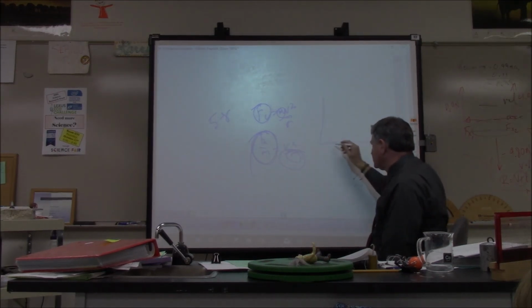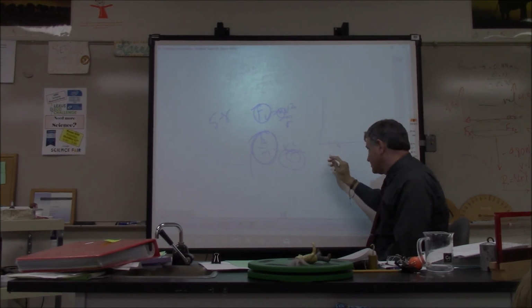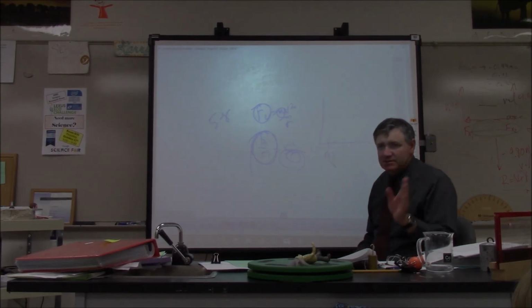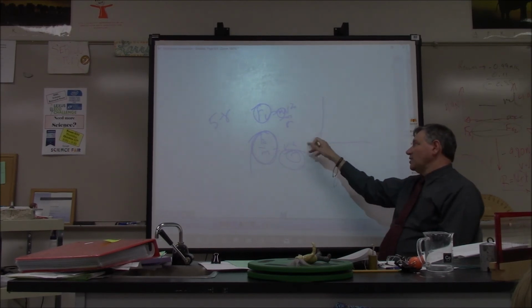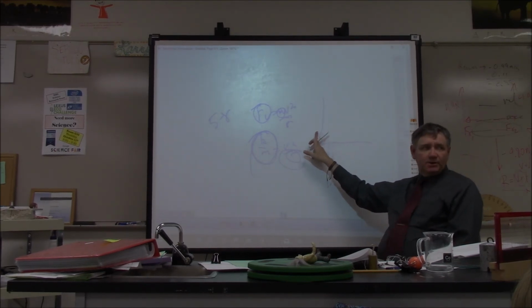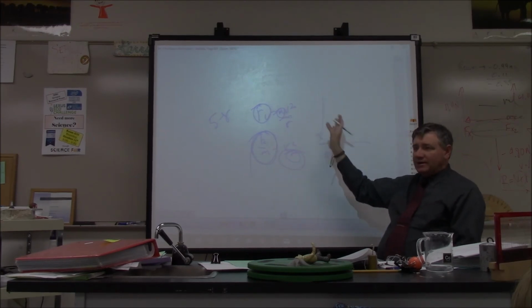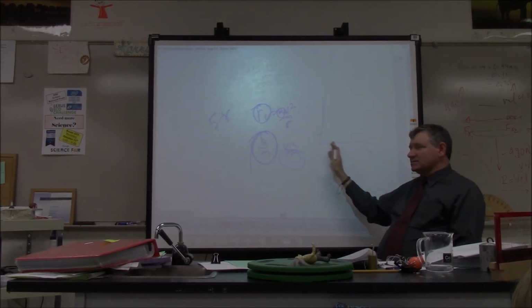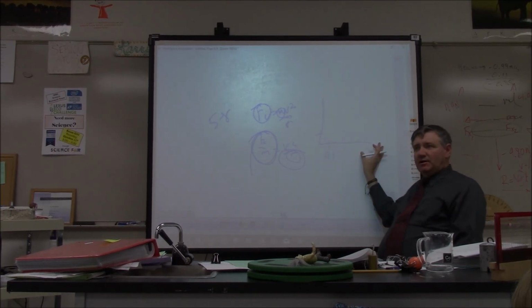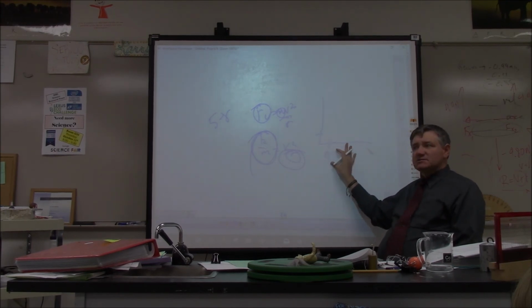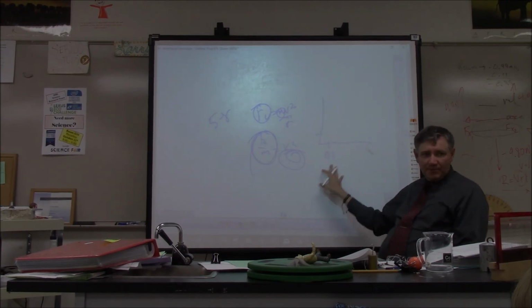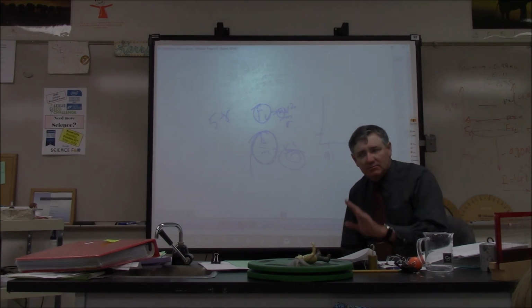Whatever you start with, like if you let 2 squares be 0.1, I don't care what it is, but you have to keep the same thing going across. And if you go up and let each one be 1 Newton, okay, fine. I don't care how you set it up, but some of you have this annoying habit of setting up a scale and then you change it later on, okay? I don't care how you set up your scale, but you have to be consistent.